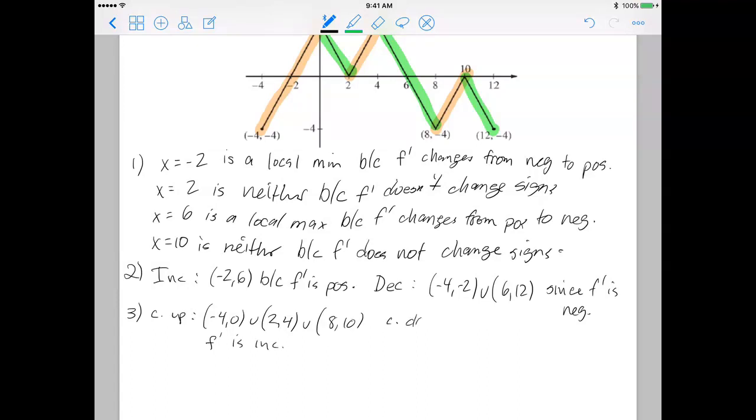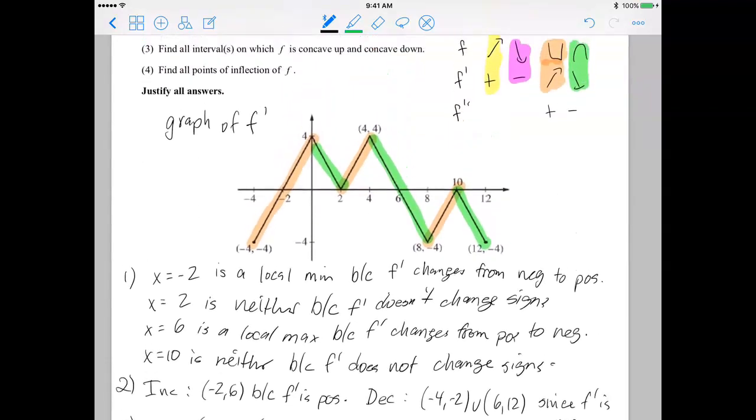We're going to be concave down on all of the green parts up there, which would be from 0 to 2, and also from 4 to 8, and then finally from 10 to 12, and the justification there is because f prime is decreasing. And you can feel free to abbreviate increasing, decreasing, positive, negative, however much you want.